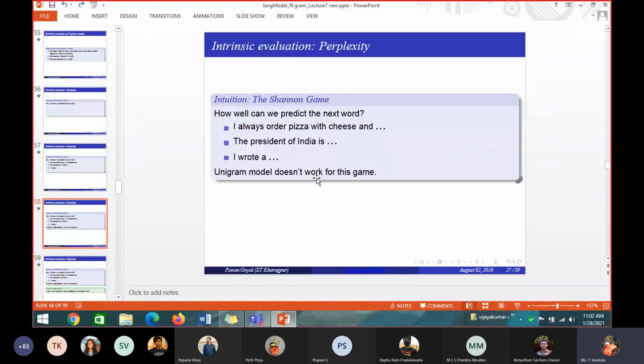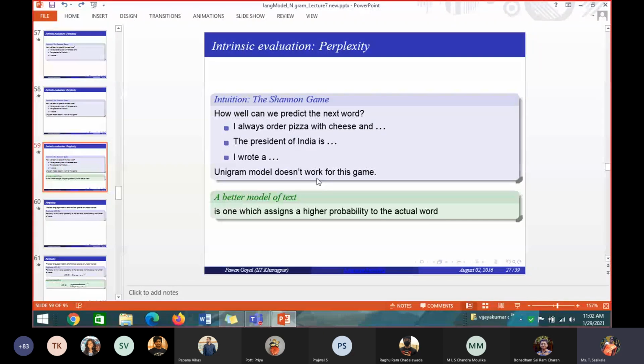You can go for a bigram model, which uses only the previous word, or a trigram model, which uses the previous two words as context to predict the next. For "I wrote", the bigram model takes only "wrote" and predicts the next word. If I use a trigram model, it takes the previous two words. So either a bigram or a trigram model can be used to fill this gap.